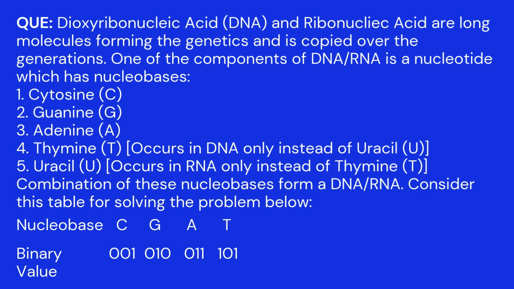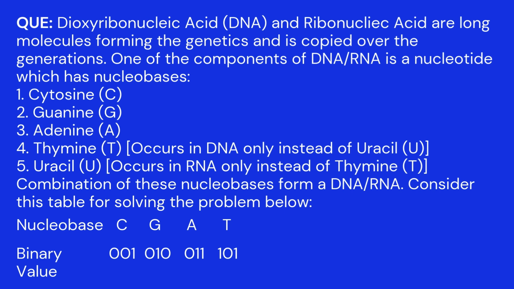Question. Deoxyribonucleic acid, DNA, and ribonucleic acid, RNA, are long molecules forming the genetics and are copied over the generations. One of the components of DNA and RNA is a nucleotide, which has nucleobases: 1. Cytosine, C. 2. Guanine, G. 3. Adenine, A. 4. Thymine, T, occurs in DNA only, instead of uracil, U. 5.